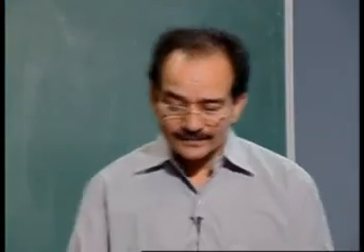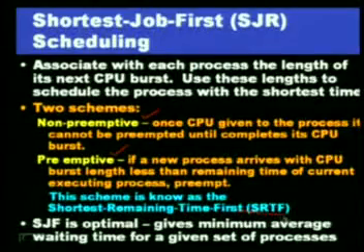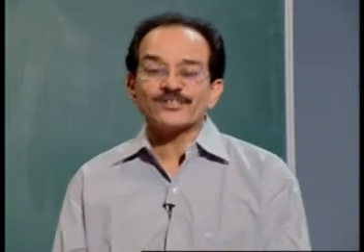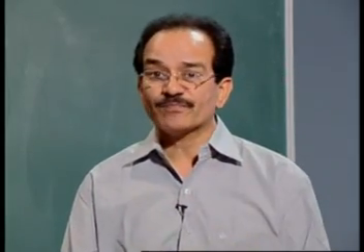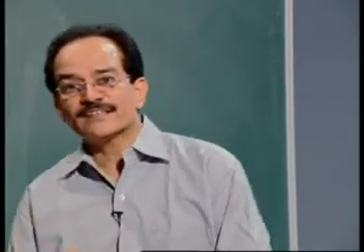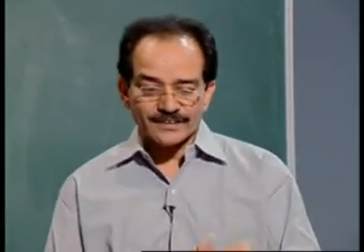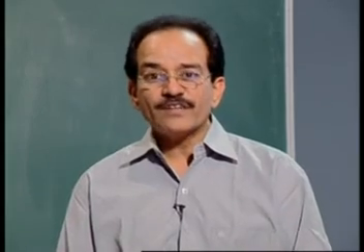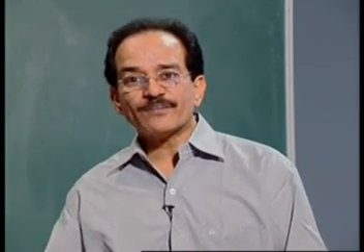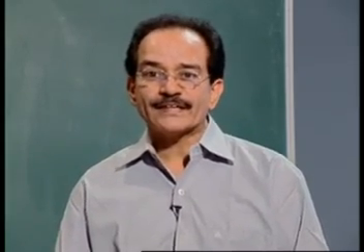Or we can improve upon this. What is the improvement which we can have? Let me say my job is executing, and a job comes over there. It is not a priority job, but the length. We try to find out the remaining time for that particular job.